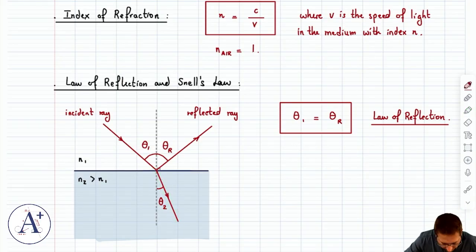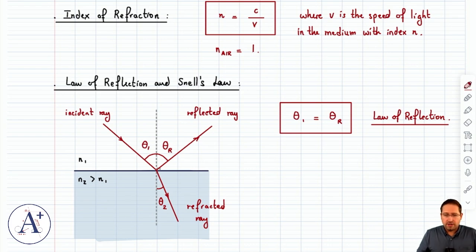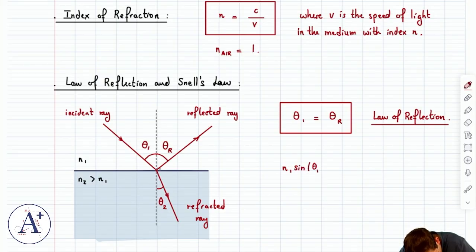So this is called the refracted ray. And the direction of the refracted ray is given by theta 2, and theta 2 is given by Snell's law. Snell's law says that n1 sine theta 1 is equal to n2 sine theta 2.